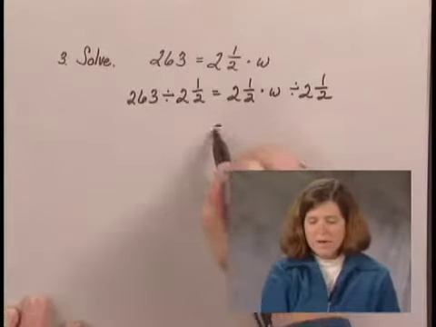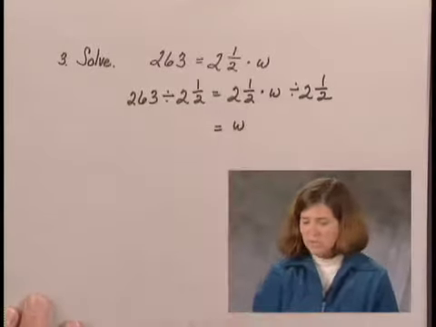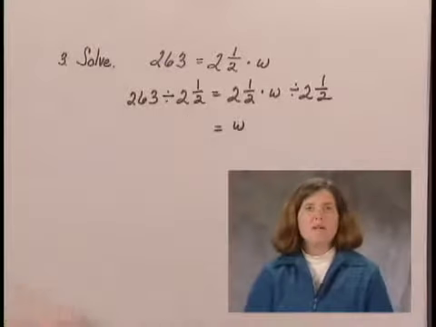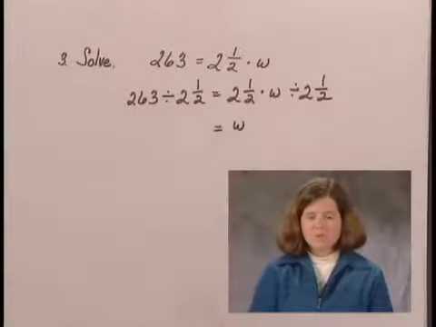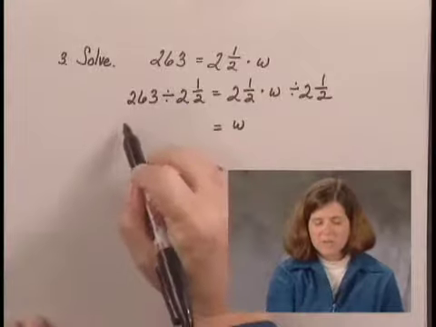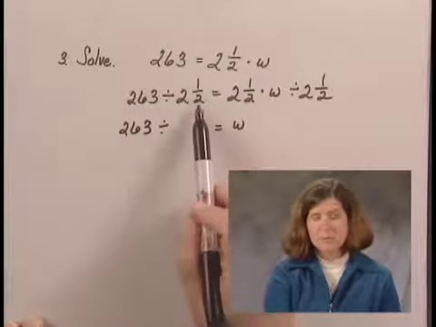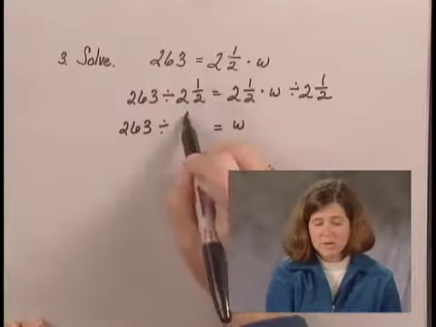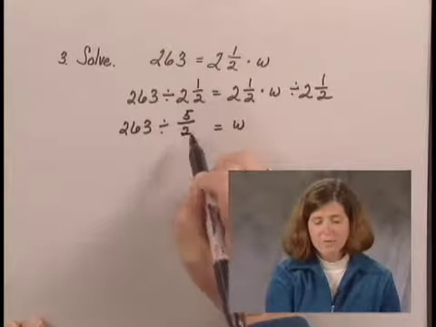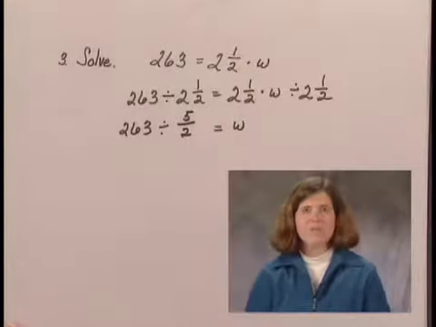On the right side, this would simplify to just W. And on the left, since I'm dividing with mixed numerals, I want to convert this mixed numeral to fraction notation. So I have 2 times 2 is 4 plus 1 is 5. So 5 over 2 is 2.5 in fraction notation.